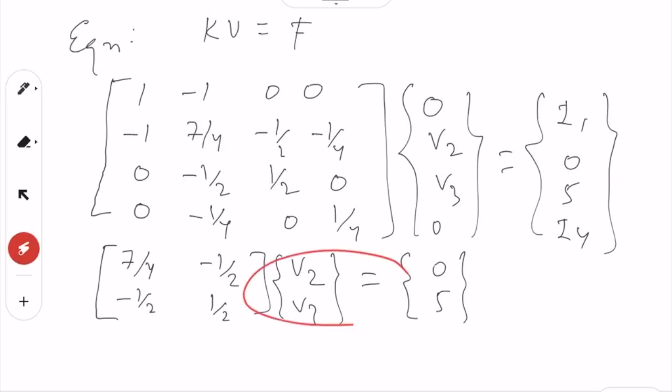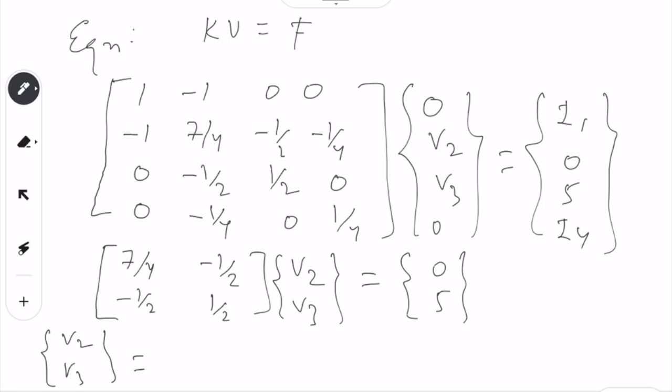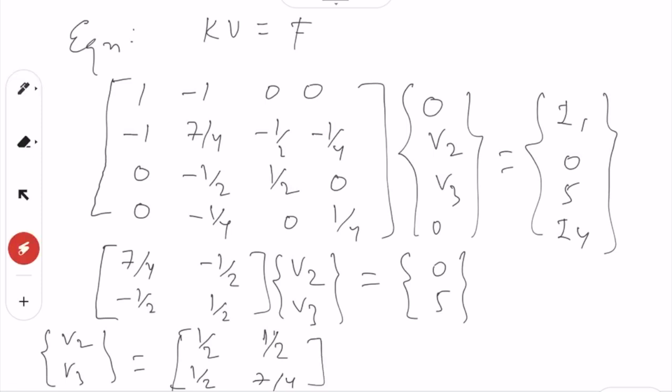We can solve this by inverting. So v2, v3 is equal to, let us invert directly: half, half, 7/4. What we did is interchange the diagonal entries and remove the negative sign from the other two. This is how you invert, multiplied by 1 divided by the determinant.